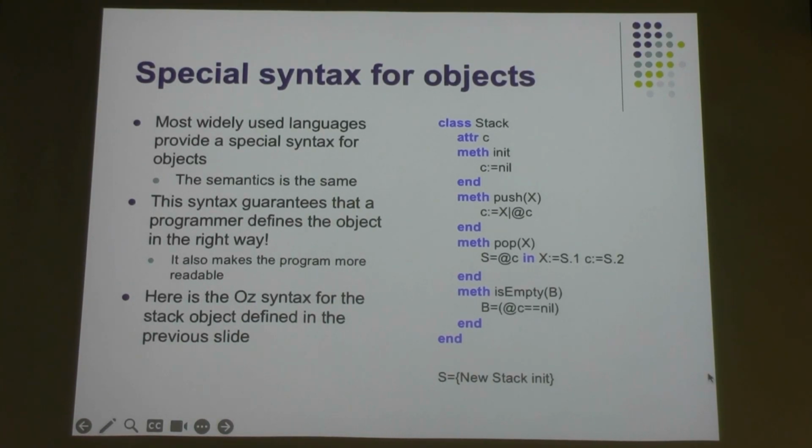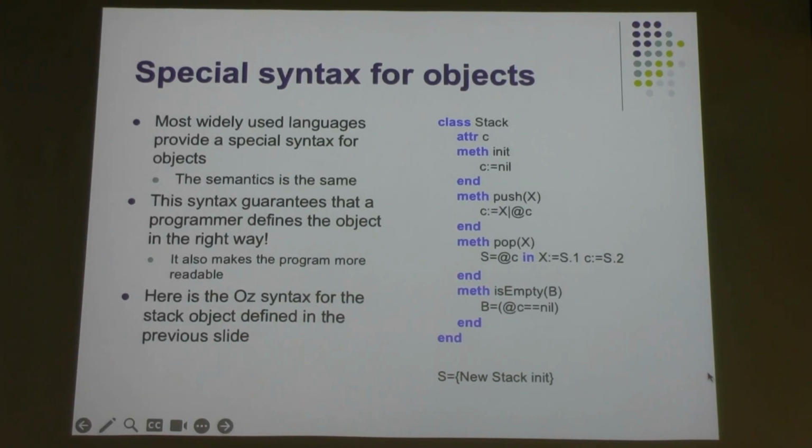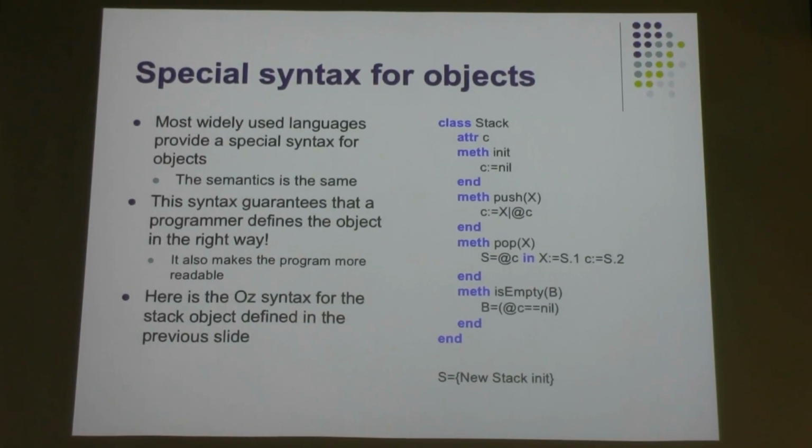All typical object-oriented languages will have some kind of special syntax. But the syntax is not the same as the semantics. The semantics is hidden behind the syntax, but the syntax is important because it guarantees that you're going to use the object in the right way, so that you can only use the object in the right way by following the syntax.